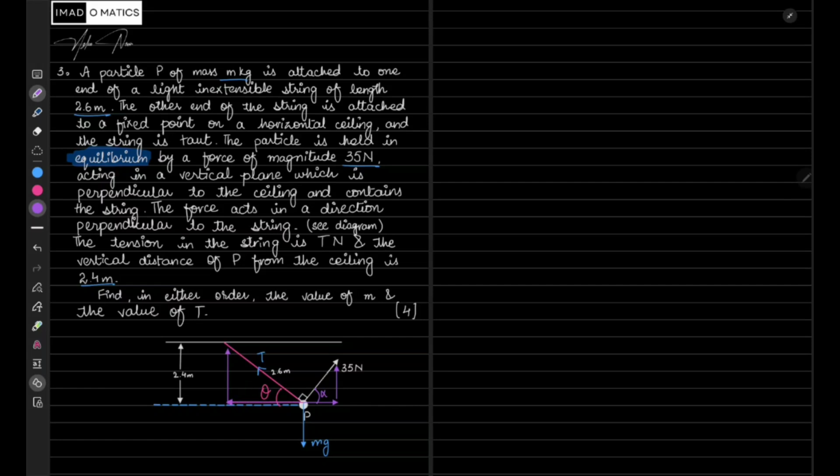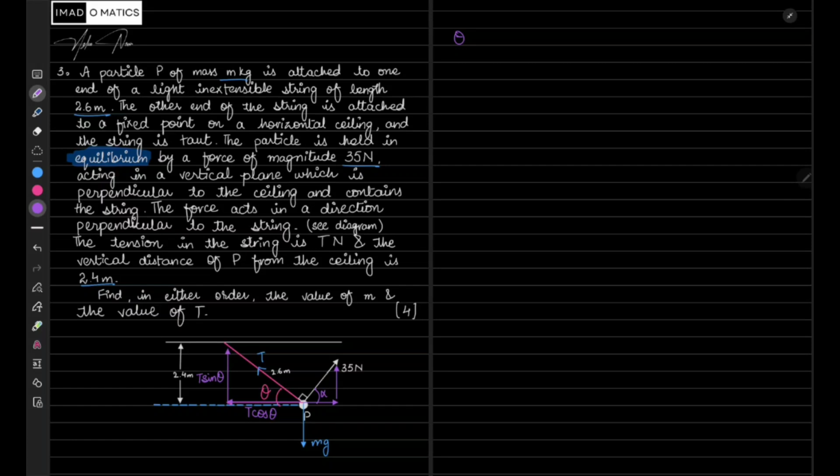Let's name it: this is going to be T cos theta, and this is going to be T sin theta. Well and good. Now, the main thing in all this working is that we don't know what theta and what alpha are.